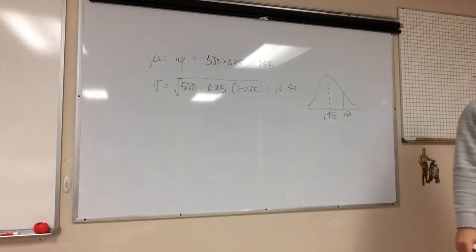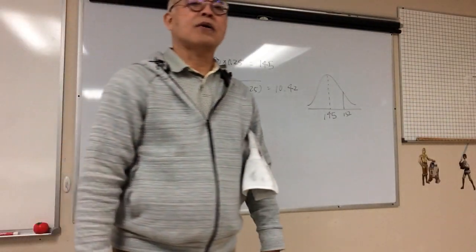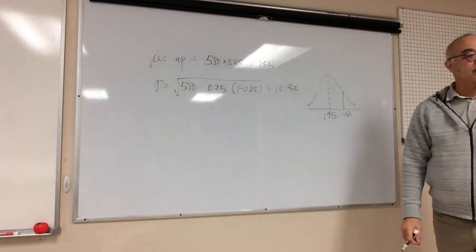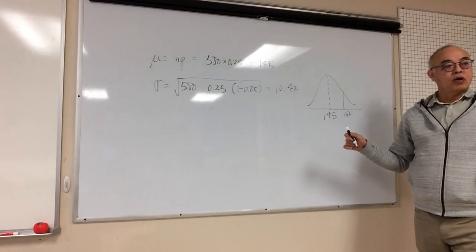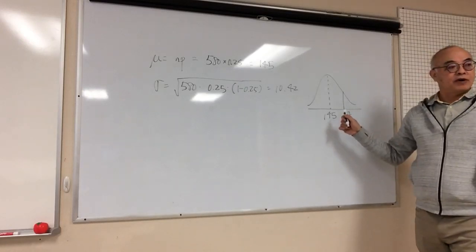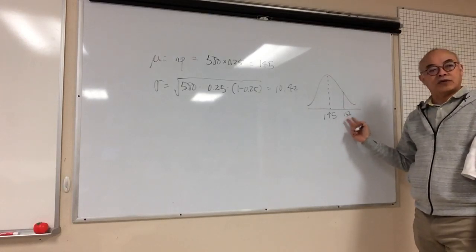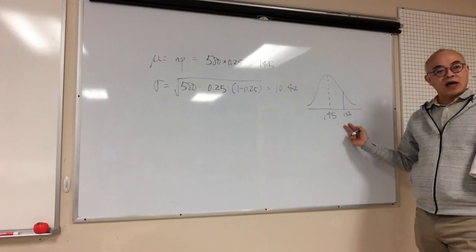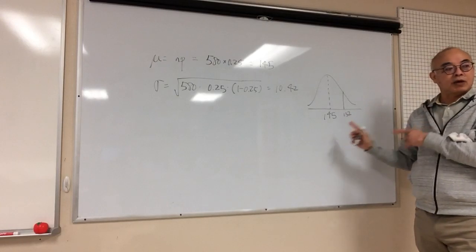Now remember, we had this thing called continuity correction. When we wanted 152 and greater, instead of 152 we used 151.5, to include that. So it stands to reason that if you wanted 152 exactly, you would go from 151.5 to 152.5, right in between, because that's where 152 resides.